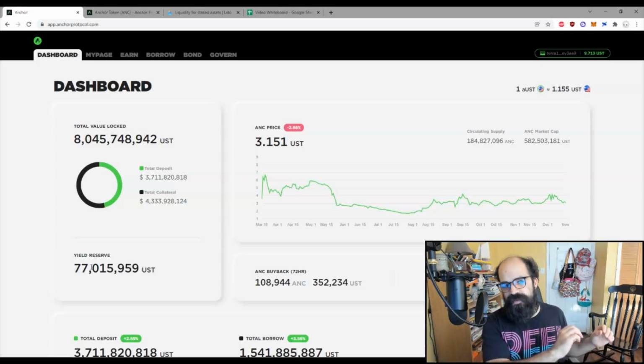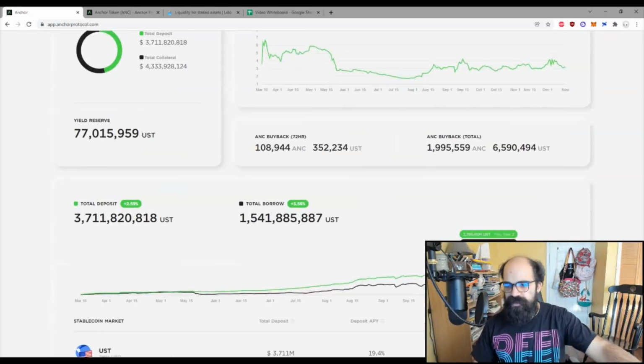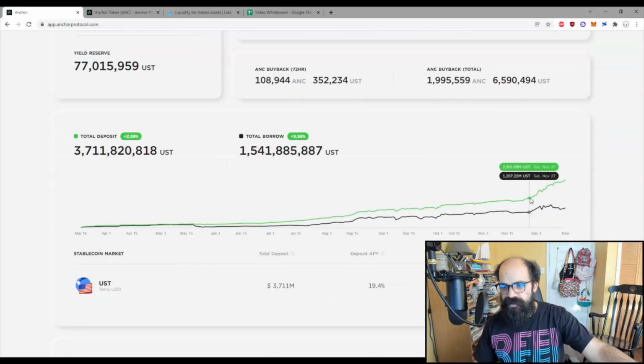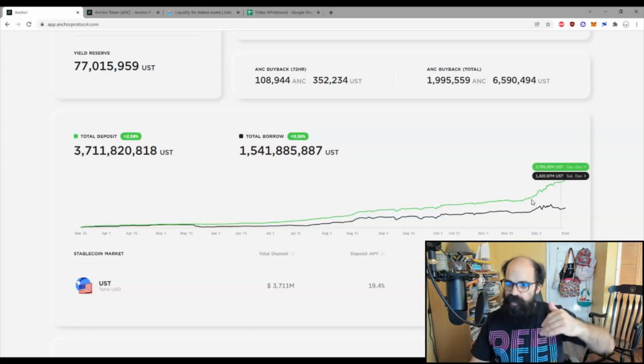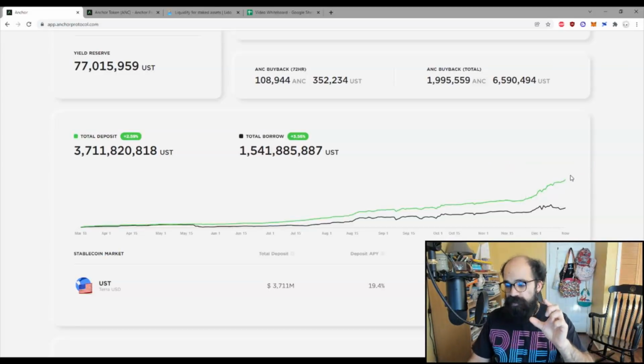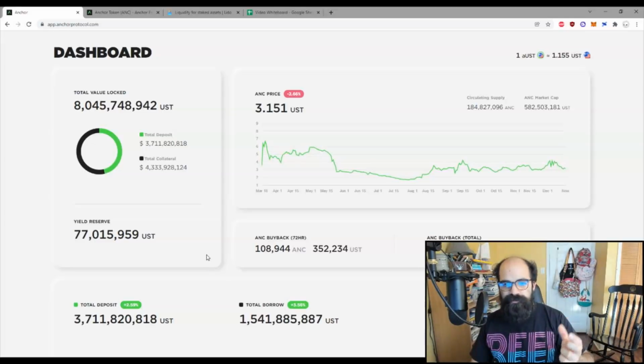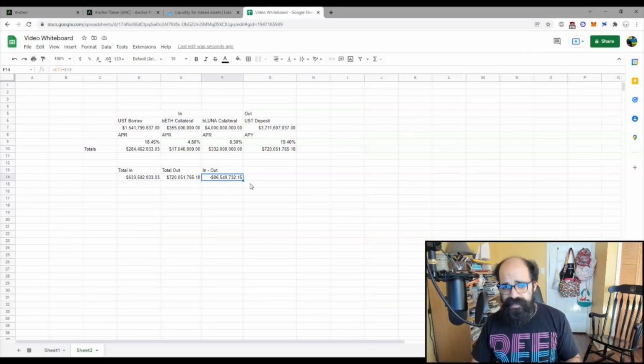The yield, I haven't been seeing it increase at the same rate it was increasing before. But you have to consider that starting roughly in December, things started to get real heavy. And you can also see that the borrow is going down. So as the borrow goes down and the deposit goes up, we're going to see more disparity in those numbers. So something you have to consider. So let's say it's 86 million, right?